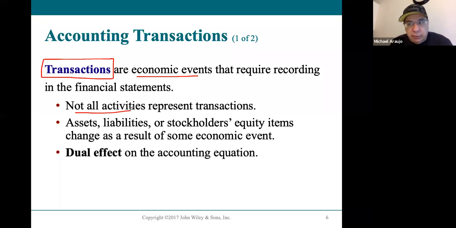You have to deliver this product. You just got a payment from a customer. So this is an economic event that affects the financial condition of the company. And so anything that affects the financial condition of the company at the time it's happening is a transaction, is an economic event, is something that's going to be required to do accounting.